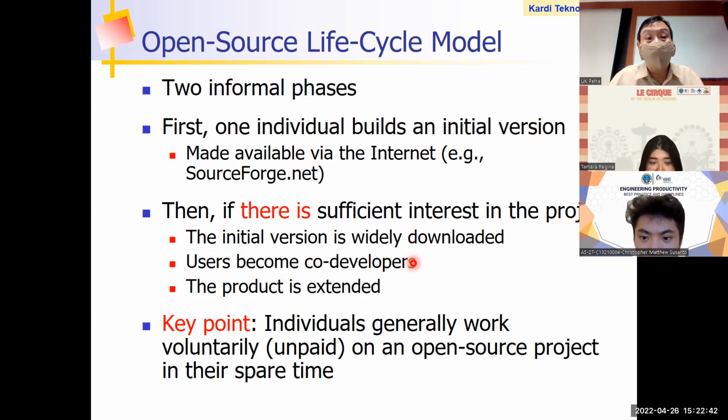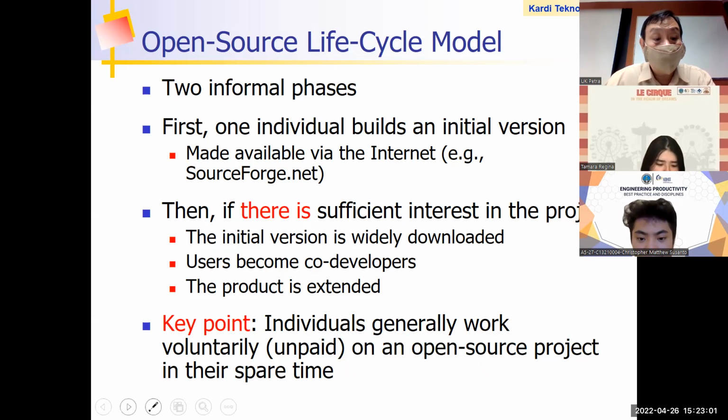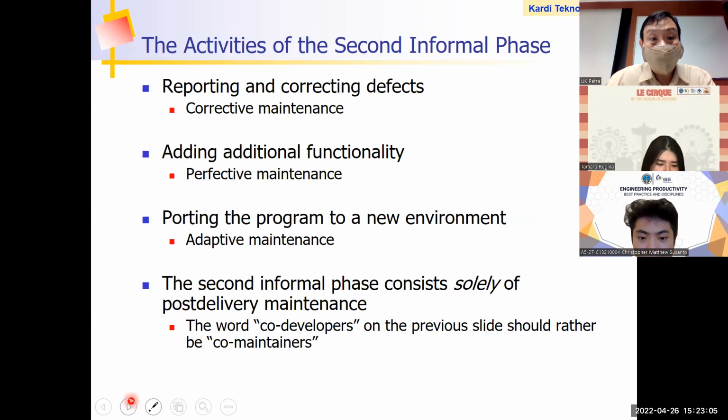The majority of open source projects are not extended and do not even become famous enough. The key point here is that an individual who works in open source generally works as a volunteer, unpaid, creating this open source project in their spare time, right?